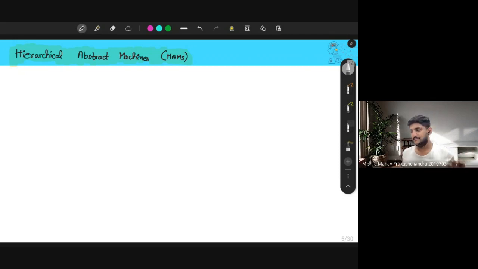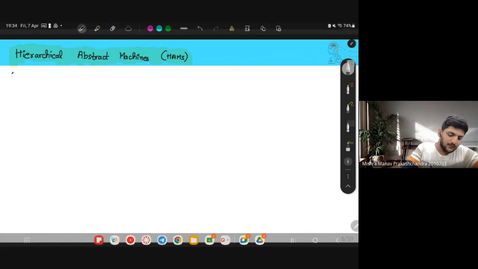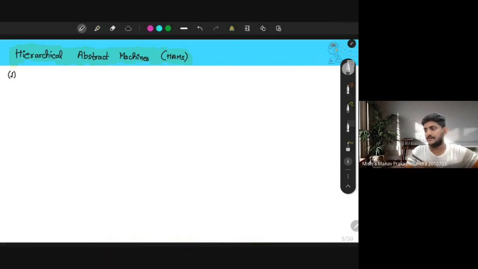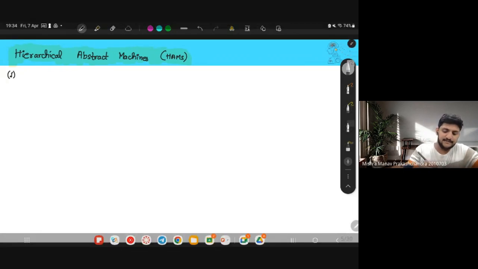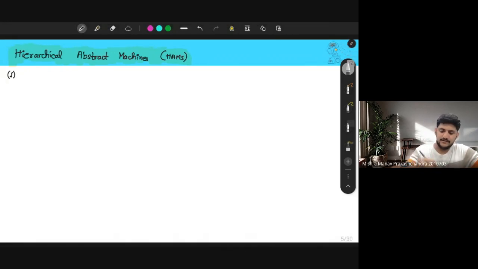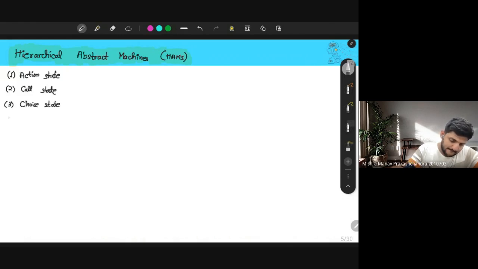A hierarchical abstract machine consists of four types of states, namely the action state, the call state, the choice state, and the stop state.